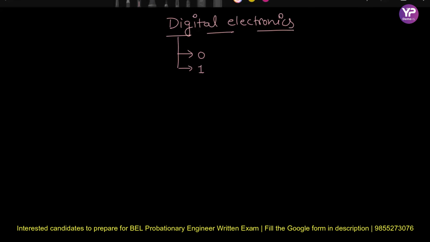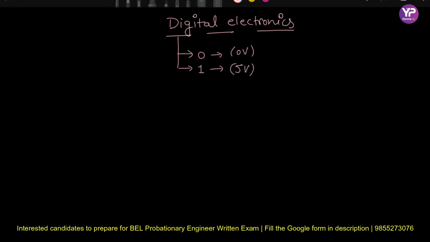What is the meaning of 0 and 1? How will your computer understand what is 0 or what is 1? Anyone know that? We generally represent 0 by 0 volt, and 1 will be represented by 5 volt, right?